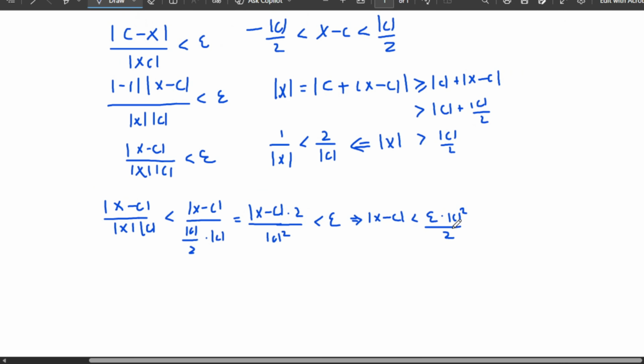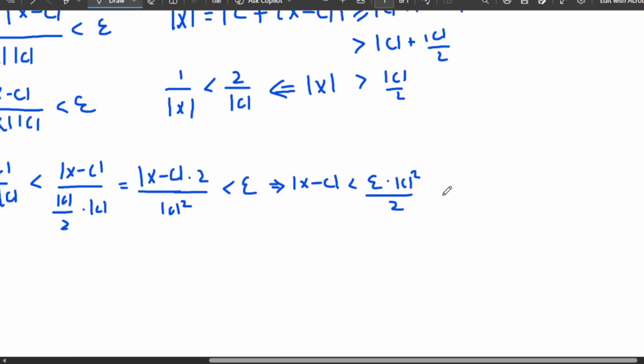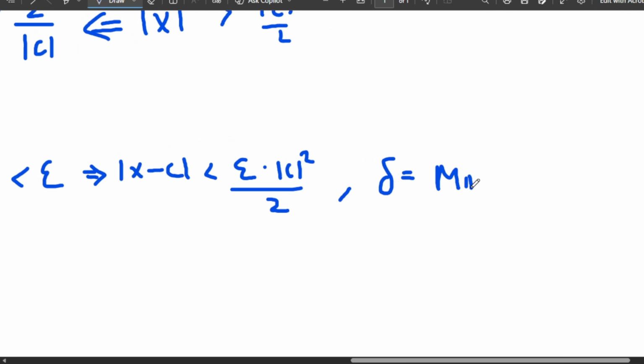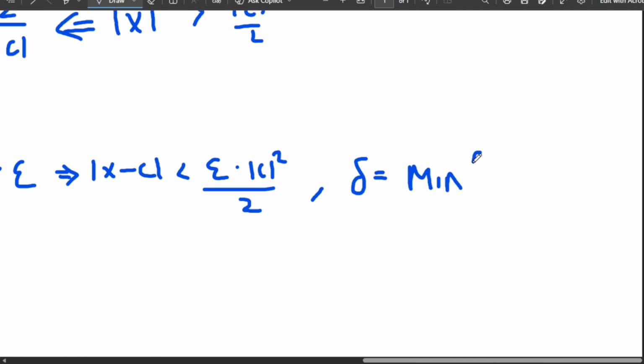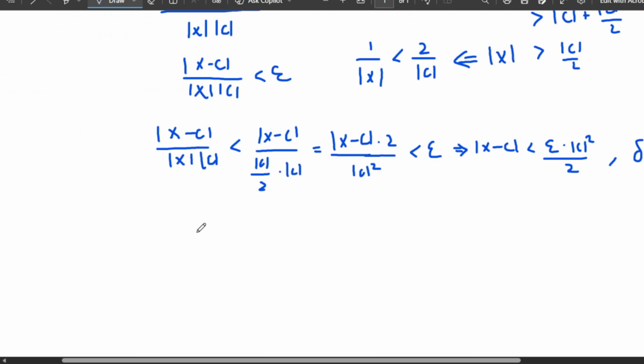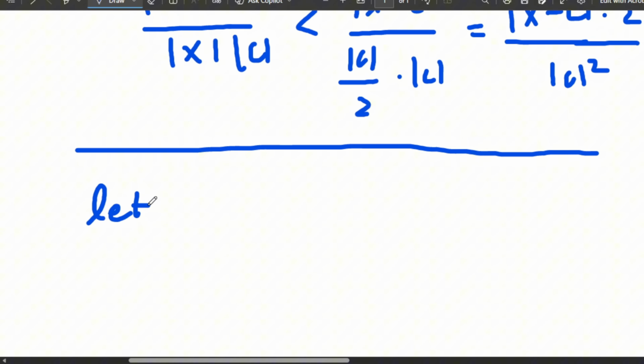Now we have these bounds. So we have delta to be the minimum of |c| over 2 and epsilon |c| squared over 2. Using the formal definition, let epsilon greater than 0 be given.